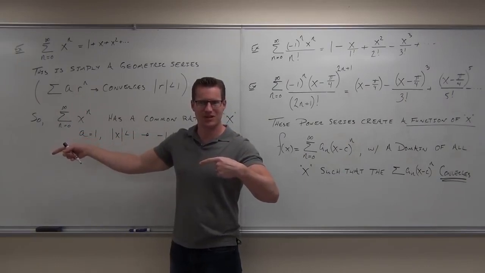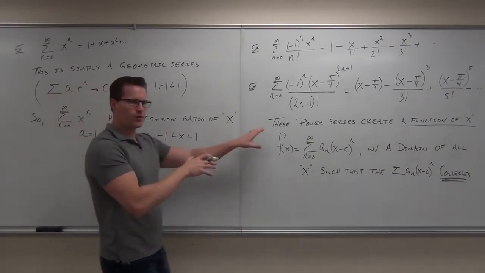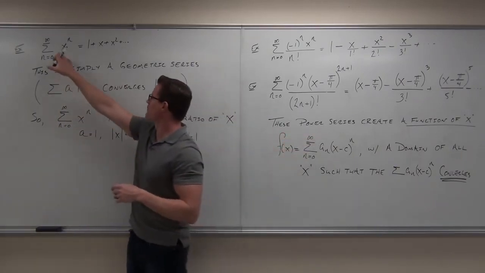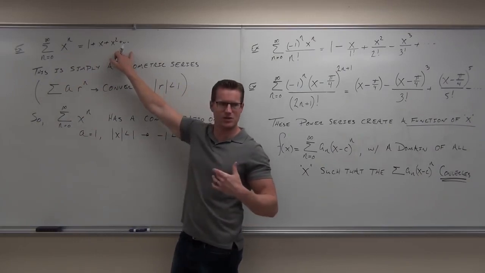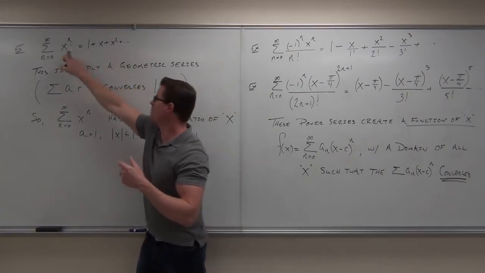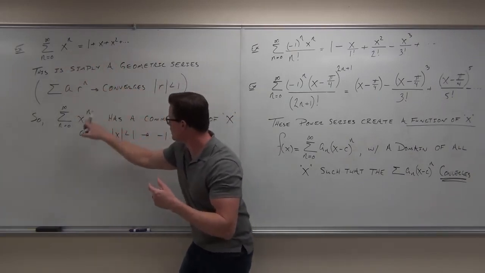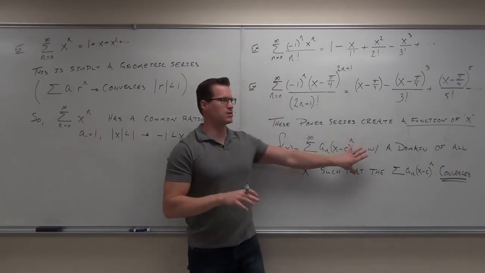Yeah. You sure? So our domain is right here. Remember that, the whole thing? This thing defines a function of x, doesn't it? When will this function of x converge? It will converge when x is between -1 and 1. That's what we're saying here.